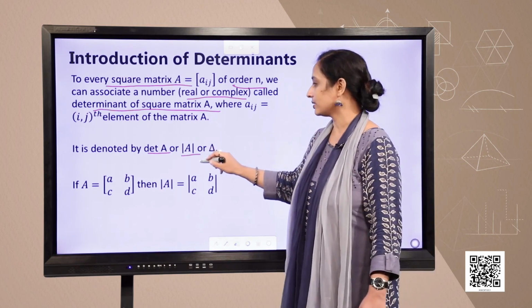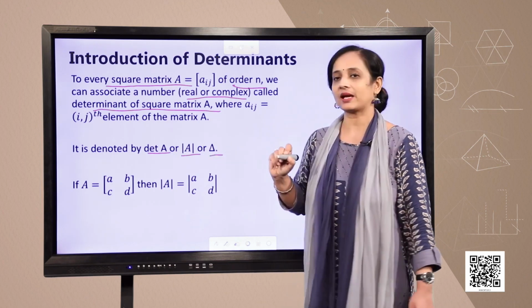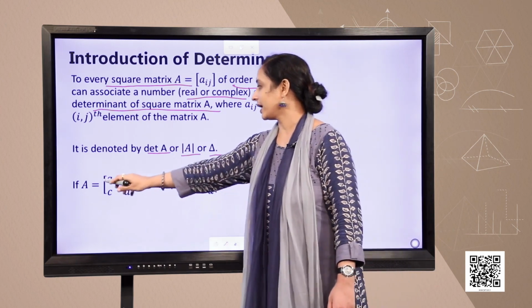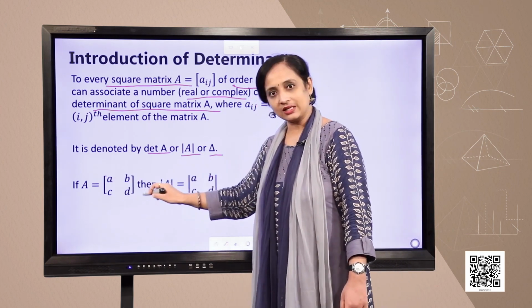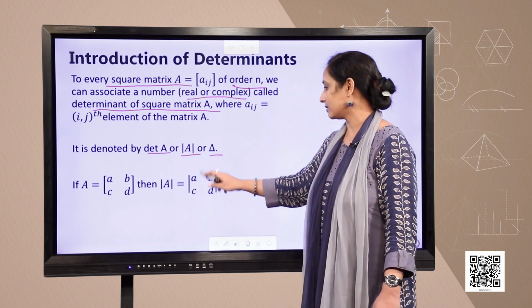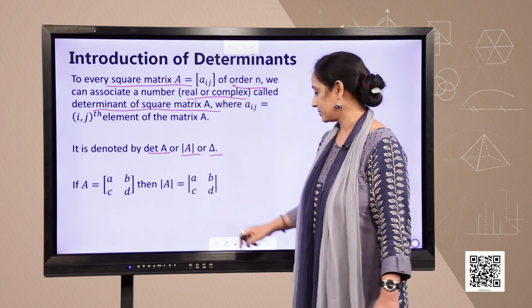This is not modulus A, this is determinant of A, or it may be represented by using this triangle, which is called delta. So if A is a matrix a b c d, then its determinant is represented by this sign and it is written as a b c d. You can check the sign of the determinant.